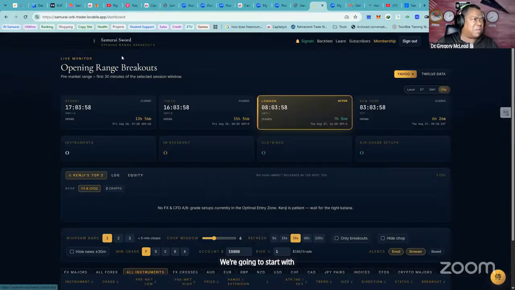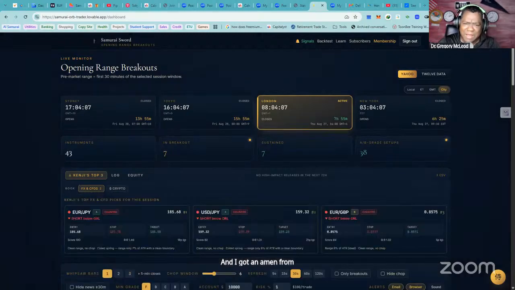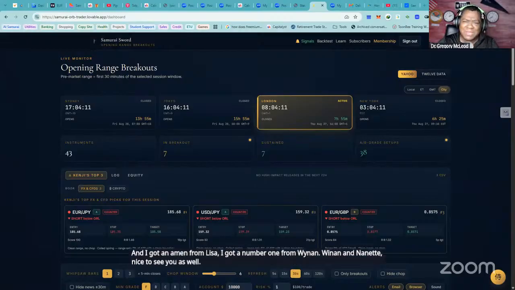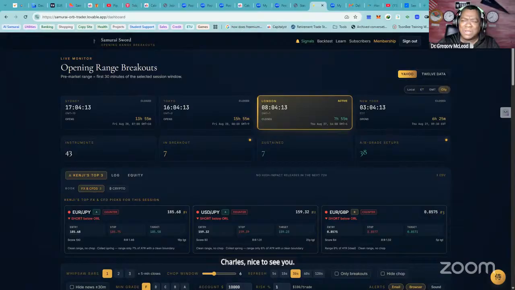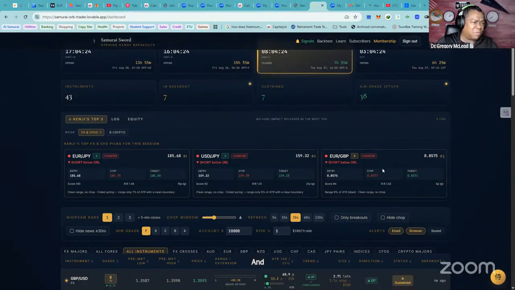We're going to start with our Samurai scanner. I got an amen from Lisa, a number one from Winan and Nanette. Nice to see you as well. Charles, nice to see you, looking handsome and dapper as usual. And of course, Steve. Okay, great, I think we got everybody. Other people will probably come on later.